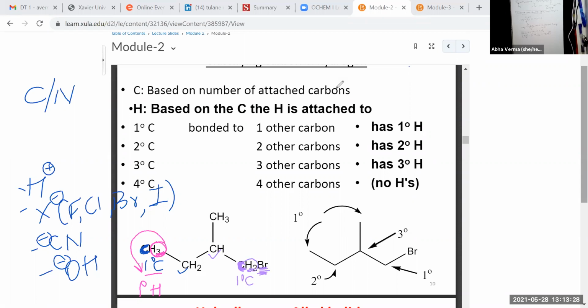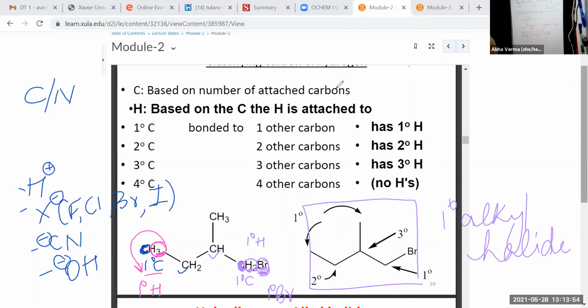These hydrogens are primary hydrogens. What will be the classification of this bromine then? It will be a primary bromine also. Overall, if you will look in this whole structure, you will label this structure as a primary alkyl halide. Why? Just because your halogen was on a primary location.